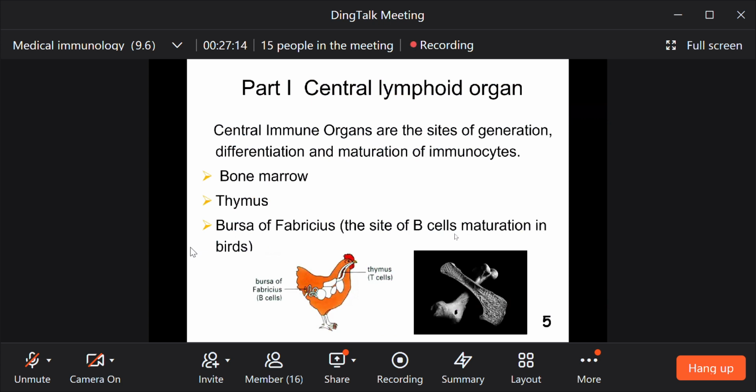Here, we can see another one, the bursa of Fabricius, the site of B cell maturation in birds. The picture shows the chicken with a thymus for the T cell maturation and the bursa of Fabricius for the B cell maturation.